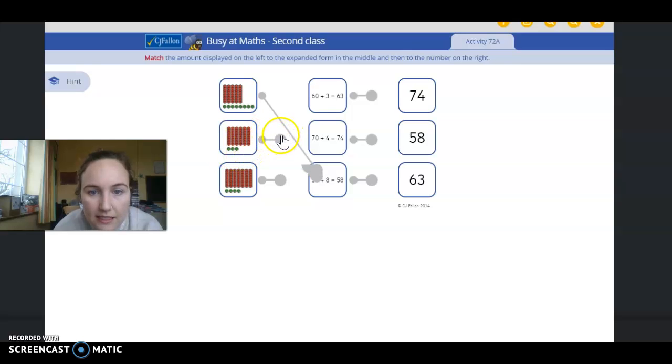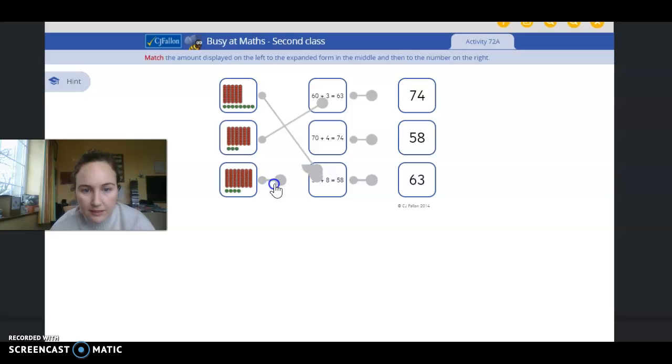So 60 plus 3 is 63. And then my last picture here, I'm going to count up my tens. 10, 20, 30, 40, 50, 60, 70. 7 tens make 70 and 4 units, 71, 72, 73, 74 is my answer. So 70 plus 4 makes 74.